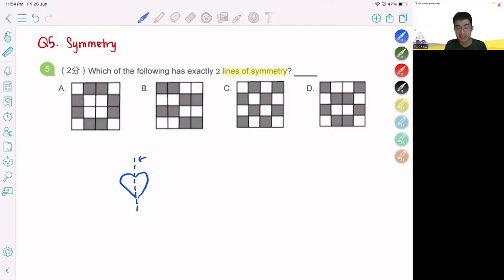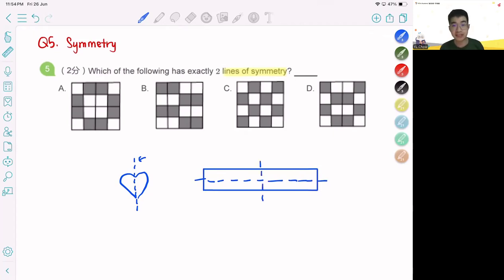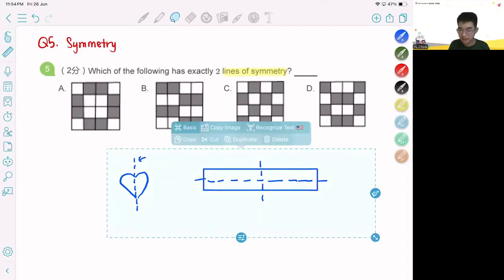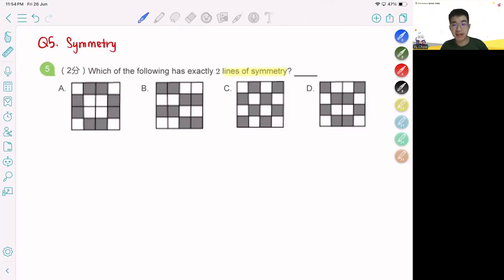Sometimes a figure can have more than one line of symmetry. A very classic example is a rectangle. A rectangle can have a horizontal and a vertical line of symmetry, which gives it 2 lines of symmetry. So we need to look at each of the figures to check where the line of symmetry is.